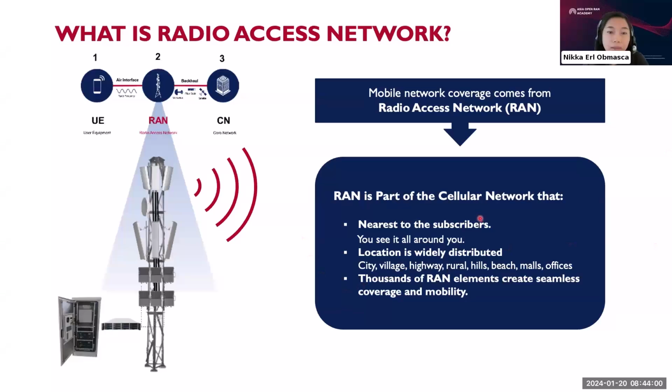The RAN is the part of the cellular network nearest to the subscribers, so you can see it around you. If you were traveling or walking through a village, highway, malls, or beaches, there are a lot of RAN elements.